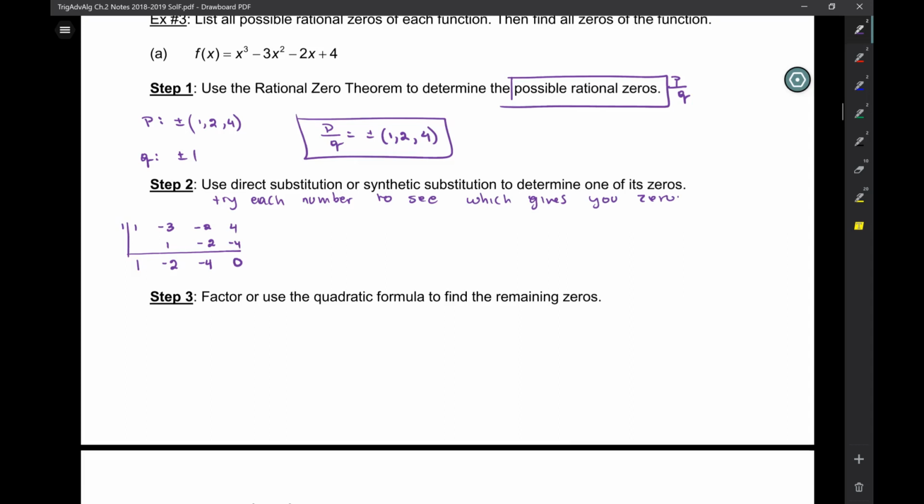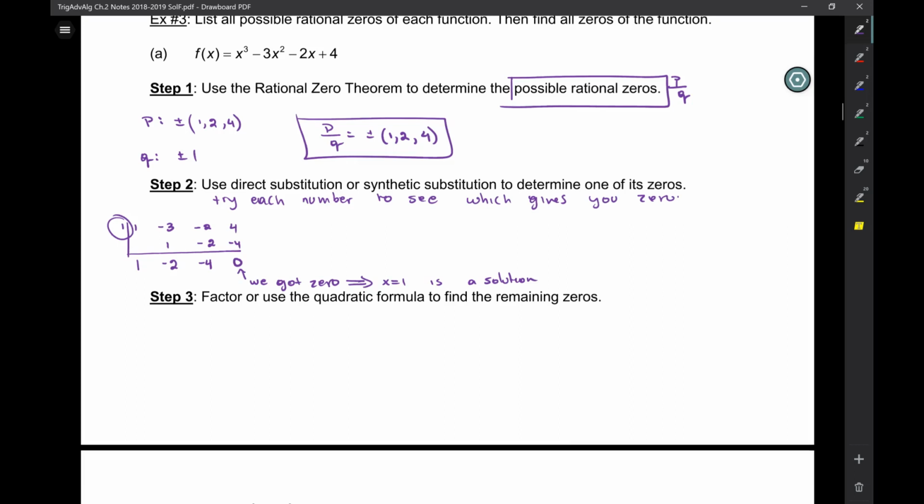What does that mean? If you get 0, that means x equals 1 is a solution to this, okay? So we got 0, which means x equals 1 is a solution. Okay? So now, let me tell you how to work with that.